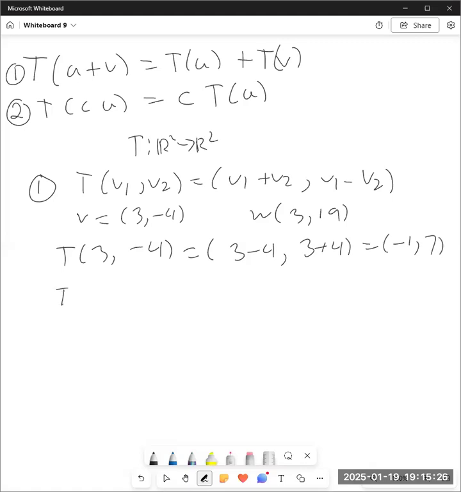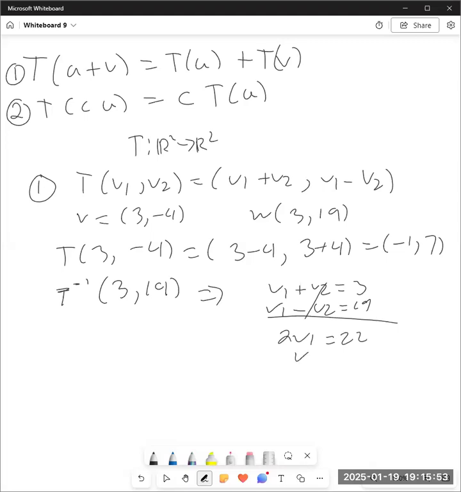And then I want T inverse of 3, 19, so that I get the pre-image of this. We have to do that with some systems of equations here. So to do that, I'm going to need that V1 plus V2 is equal to 3, and V1 minus V2 is equal to 19. Let's add these together, and 2V1 is equal to 22, making V1 equal to 11.